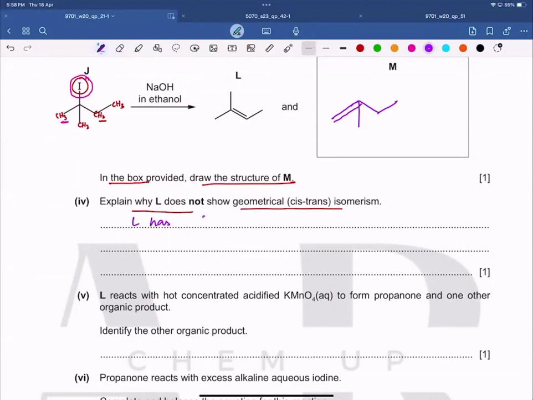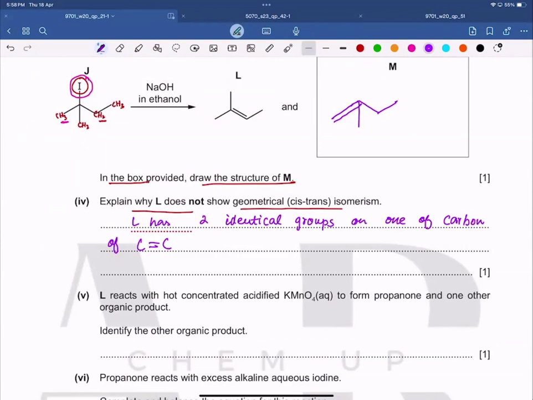L has 2 identical groups on one of the carbons of C double bond C. The carbons which have a double bond must have 2 different groups in order to show cis-trans isomerism.